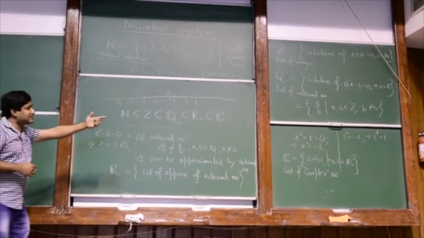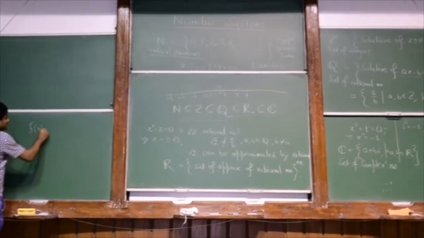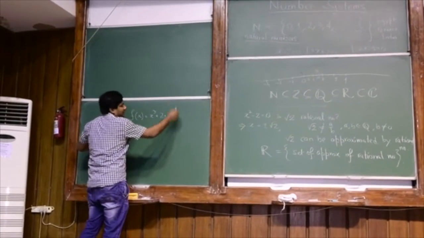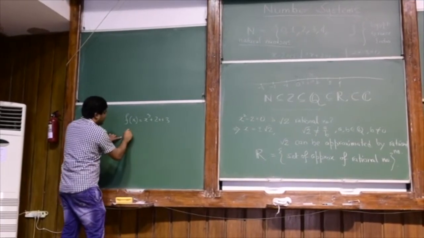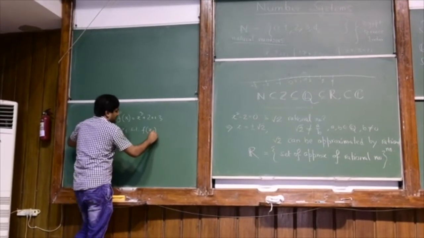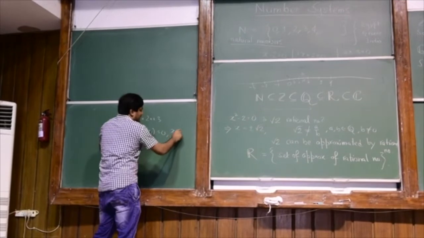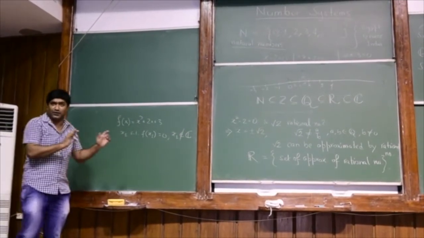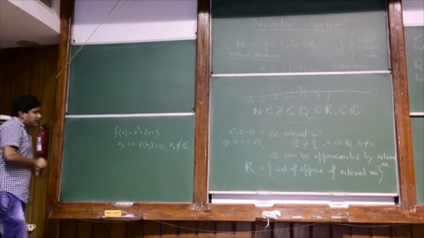So to extend this, I have to find some polynomial f(x), let's say x cubed plus 2x plus 3, something like this. Maybe this will not work, but somehow I have to find some x1 such that f(x1) is 0, and then x1 must not be in the complex numbers. Right? That's the only way, as I have been motivating.